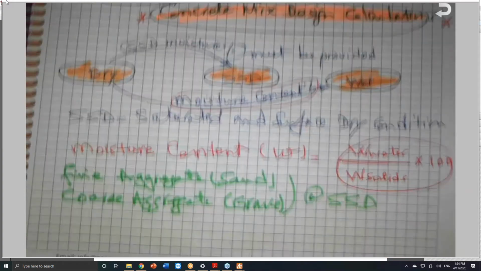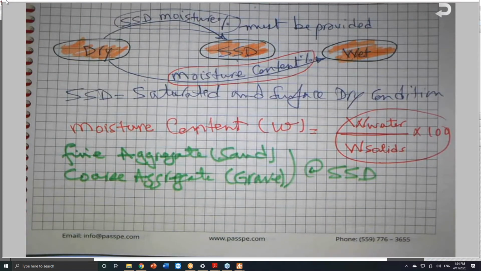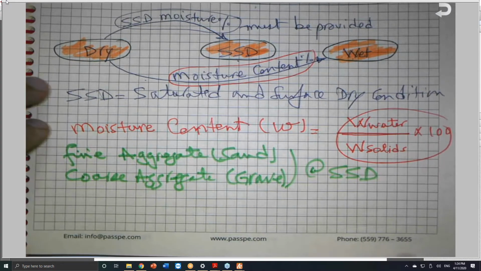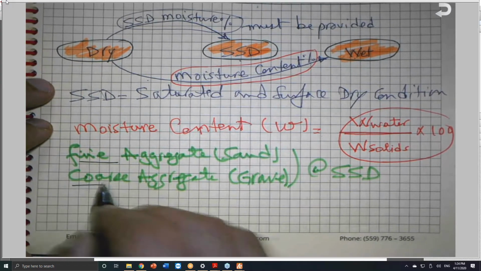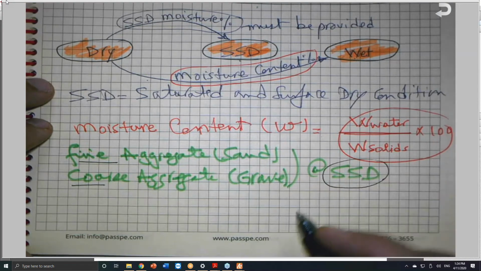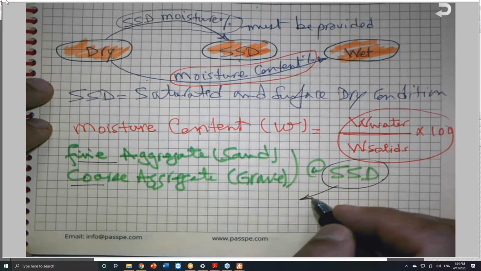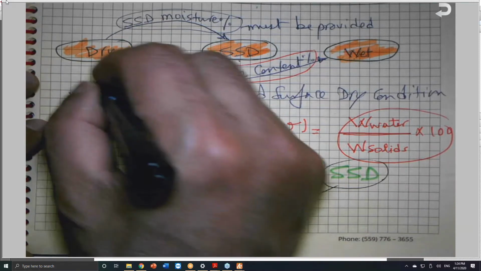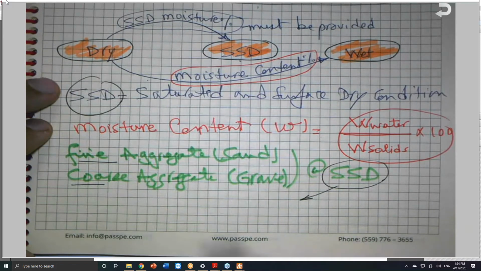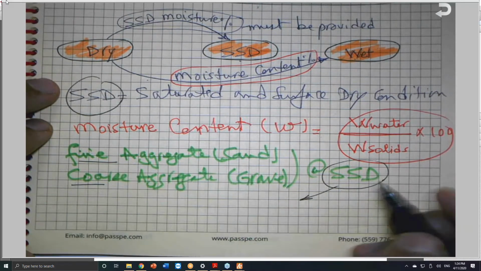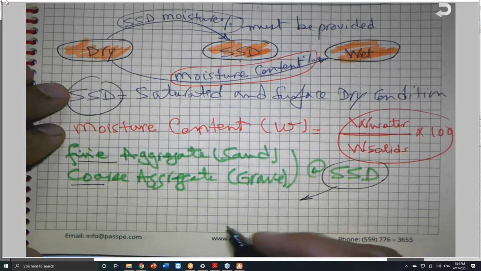The statement here in the problem is good news for me. Why? He's telling me that both the fine and the coarse are at the SSD condition, saturated and surface dry, as I mentioned here. That means that the aggregates will not give or take water. Self-sufficient.